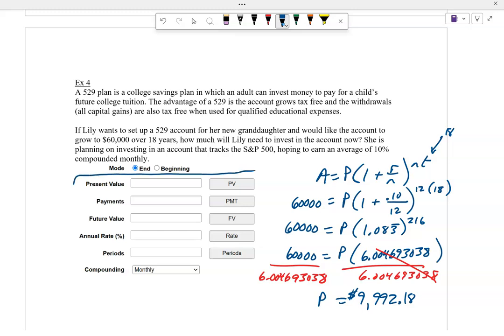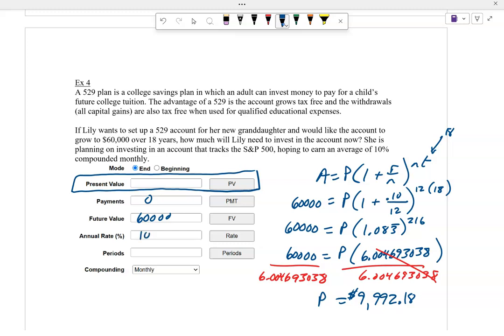We don't know what we're trying to put in up front. That's what we're solving for. We're making no payments here, but I want to be able to pull out $60,000.